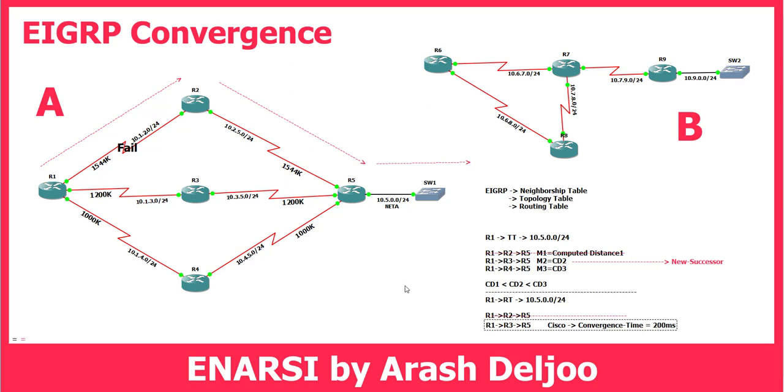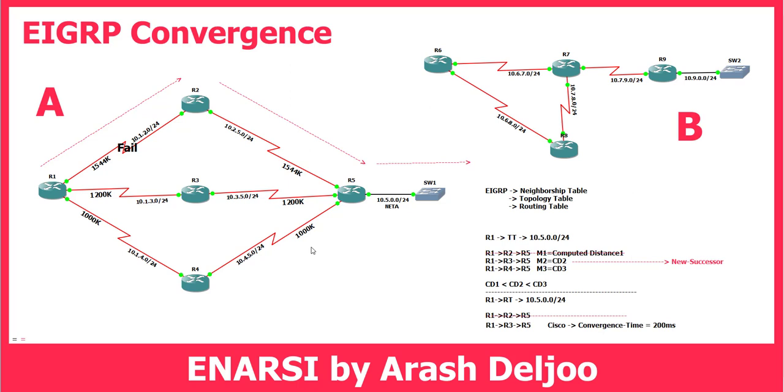It is so easy. This is the mechanism that we have in EIGRP. When the best path fails, we can immediately replace it with the next best path, and after that the packets can be redirected to the next path, for example R1 to R3, and then to R5. This is possible, but this cannot always happen.